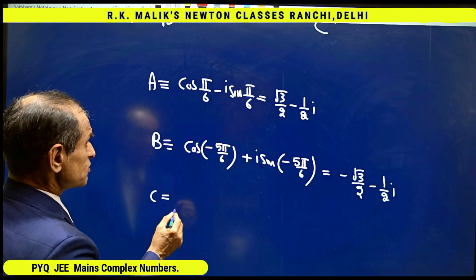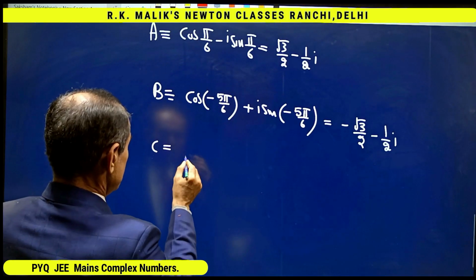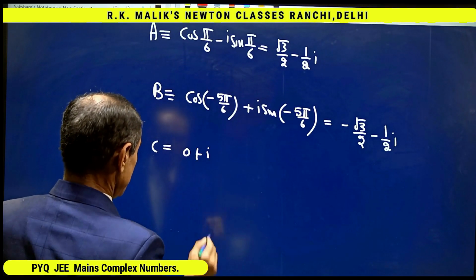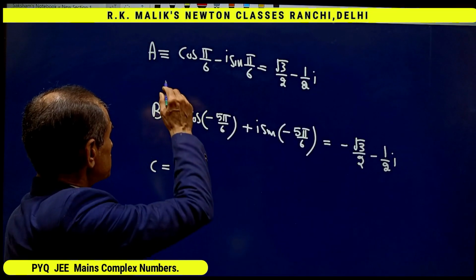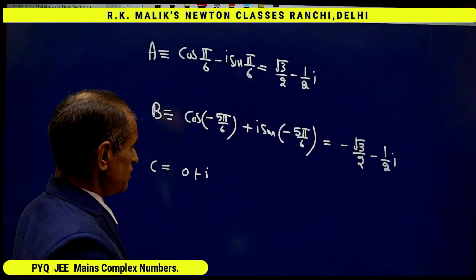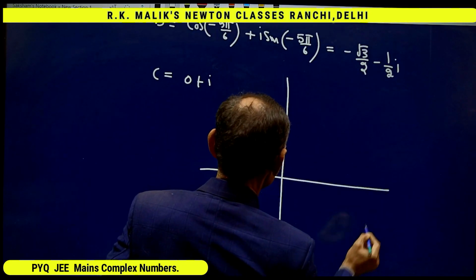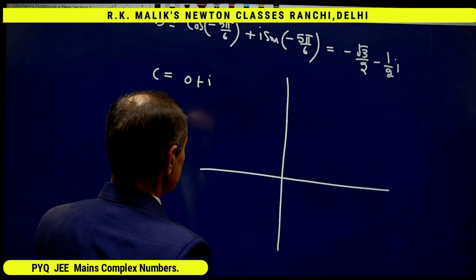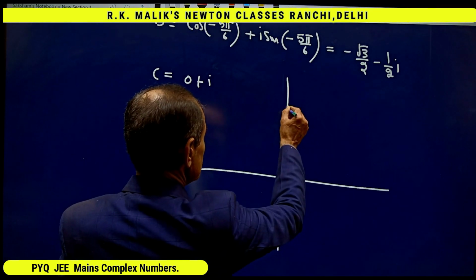And C is, from here, 0 plus i. By symmetry of the complex numbers A, B and C, it is easy to see that A, B, C are at the positions as below.